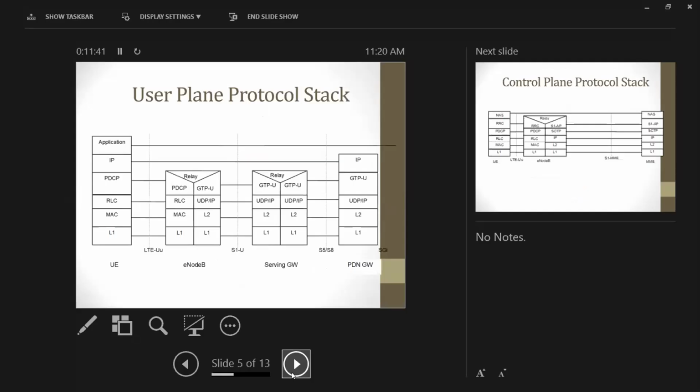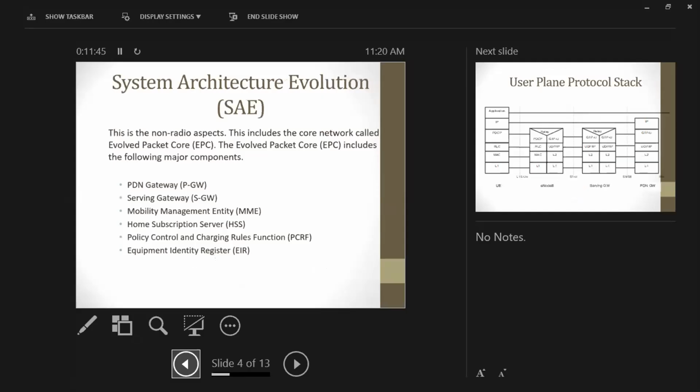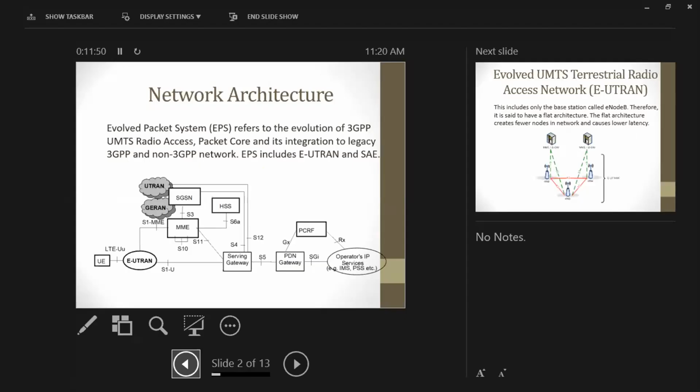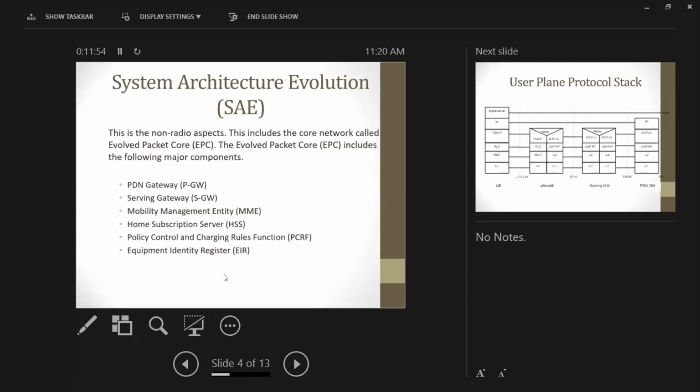Now we have discussed the equipment identity register, which is not shown here but listed here. It's something about your equipment identity. Many people already know that your SIM has an identity and your phone also has a separate identity, the IMEI.